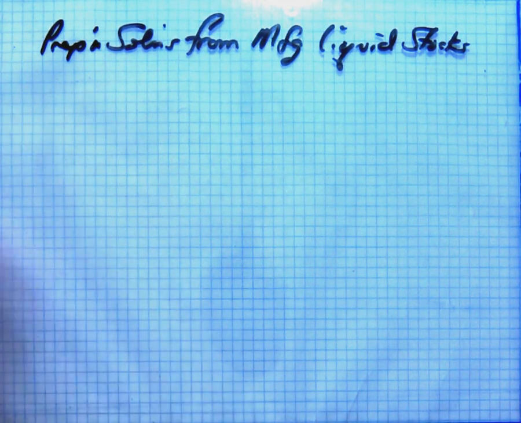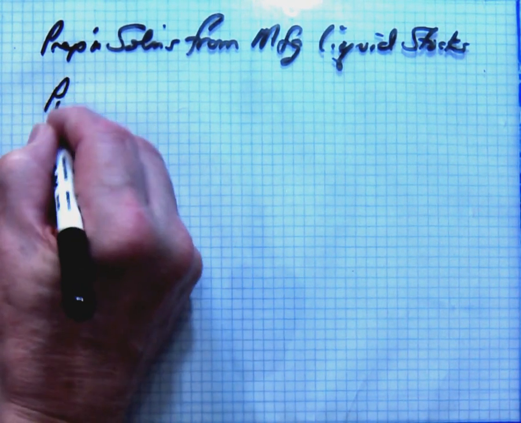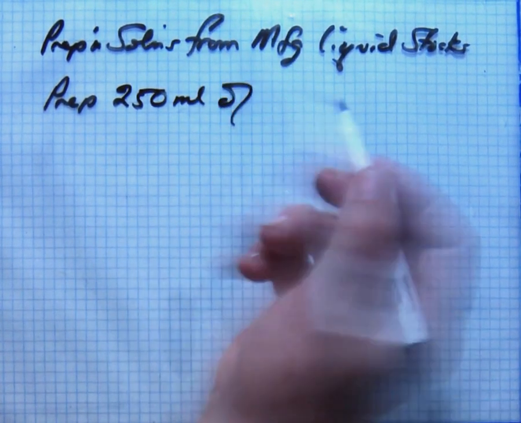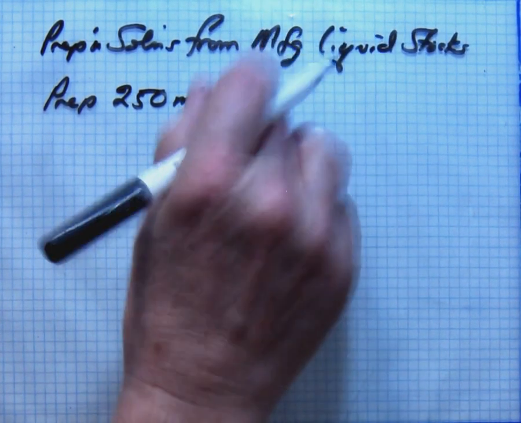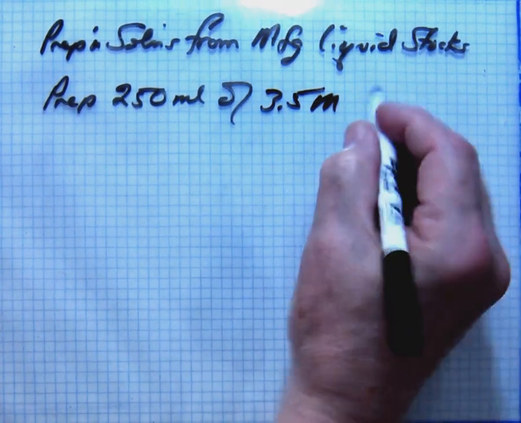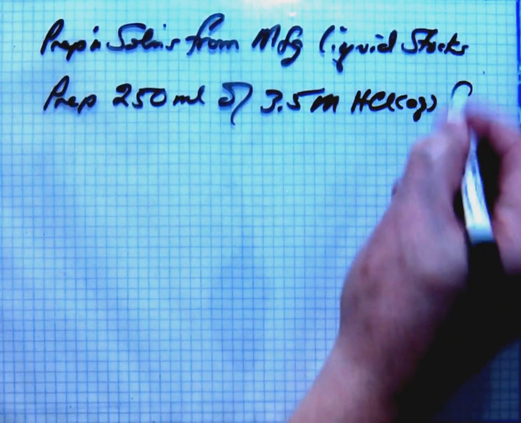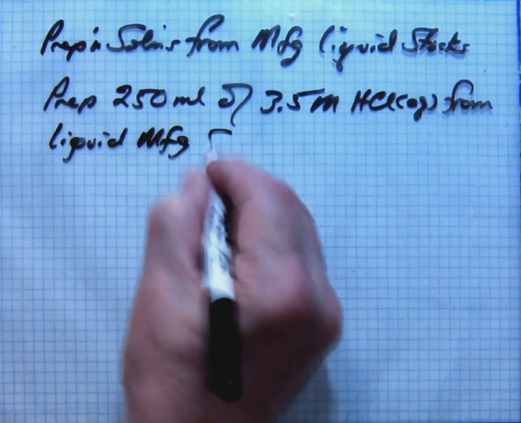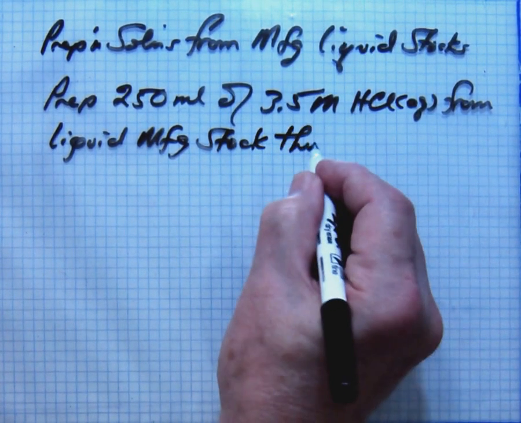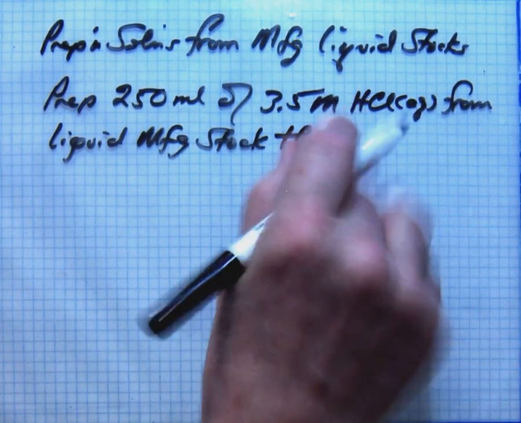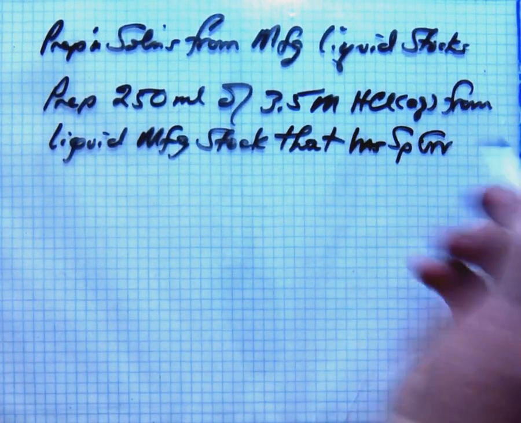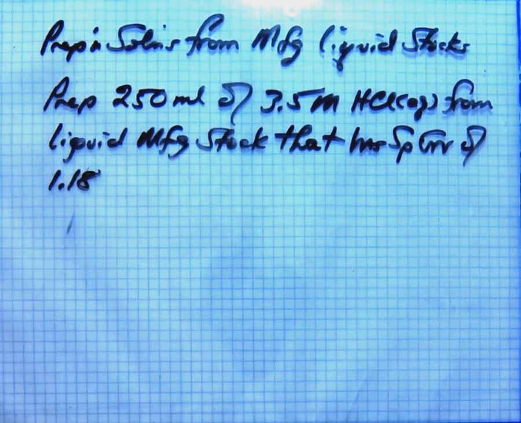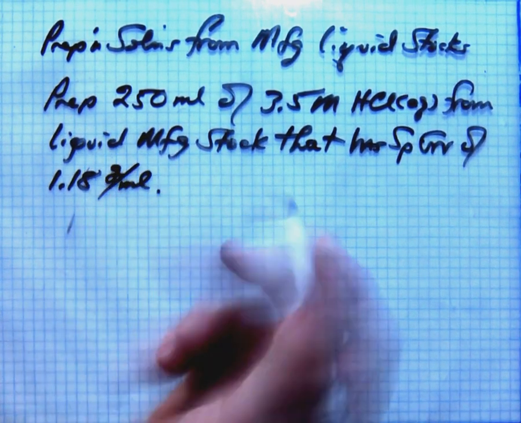So your job or your project is to prep 250 milliliters of, let's make it 3.5 molar HCl aqueous from liquid manufacturer stock that has a specific gravity of 1.18, which is the same as density because the solvent's water, in grams per milliliter.